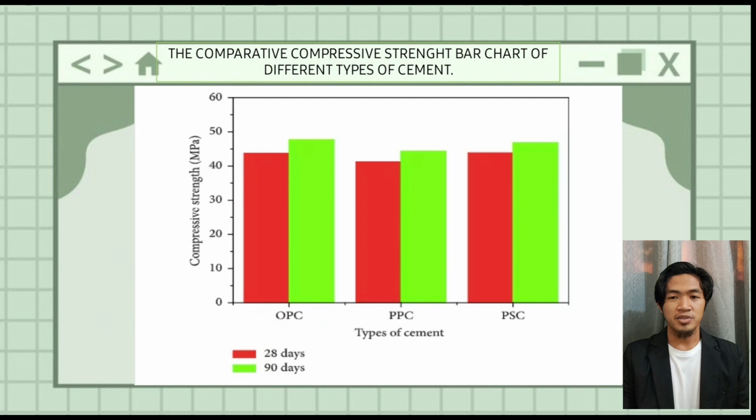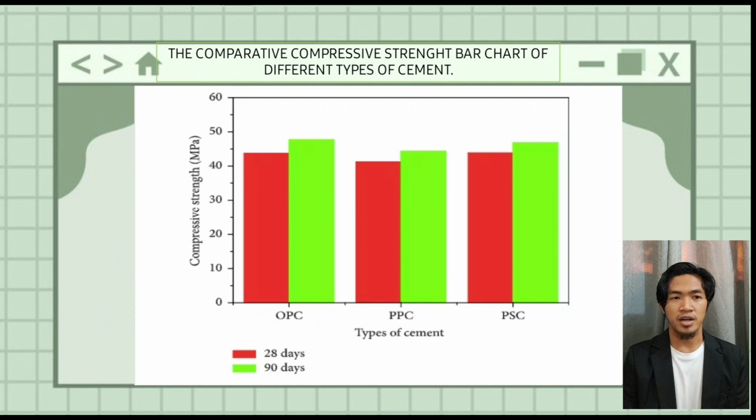So, in 28 days daw, ang nakaya ng ordinary Portland cement na compressive strength is between 40 to 45 megapascal. In 90 days naman, ang nakaya niyang compressive strength is between 45 and 50 megapascal.